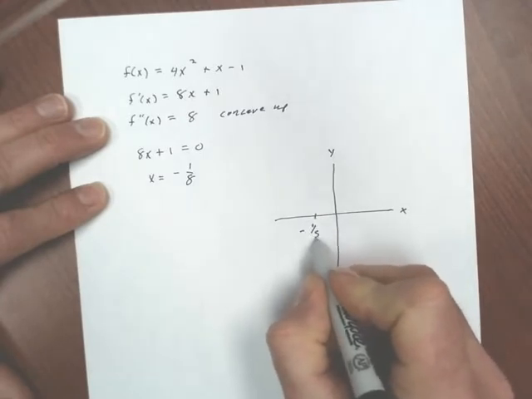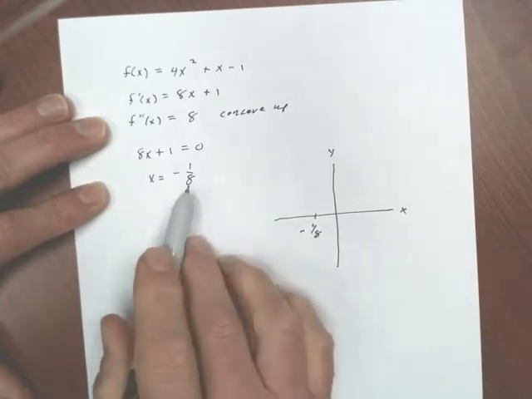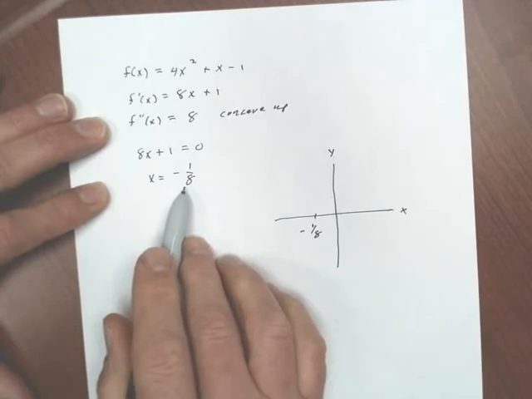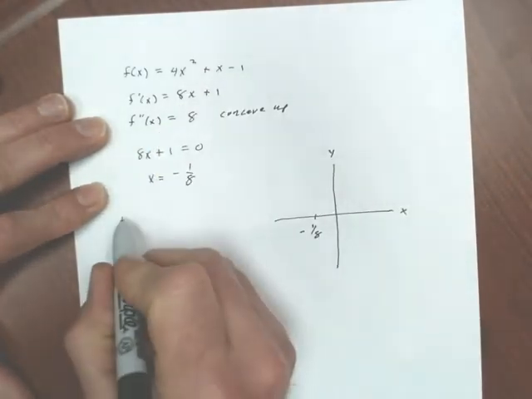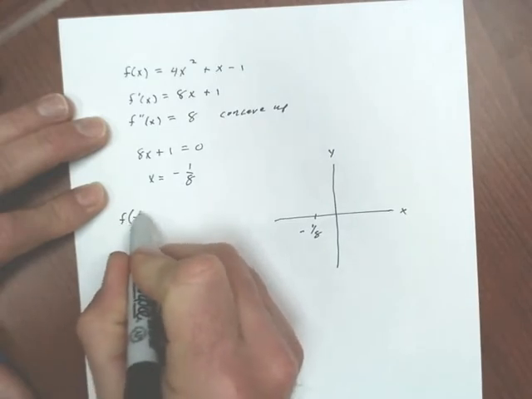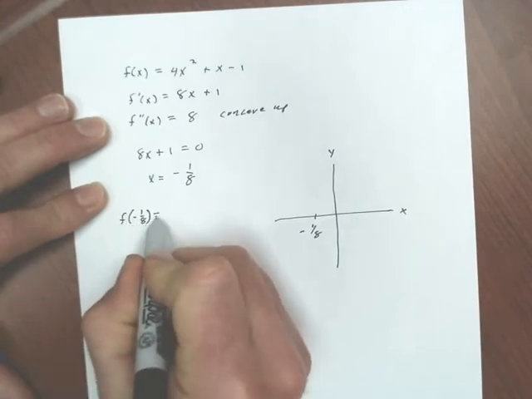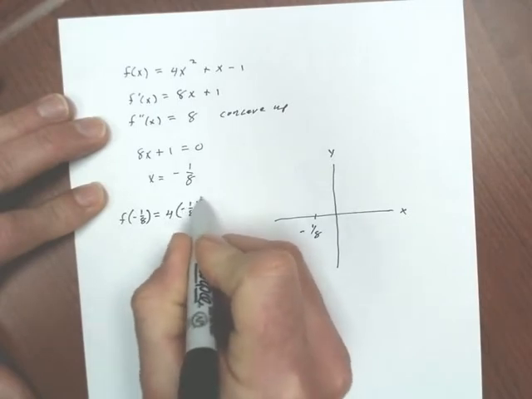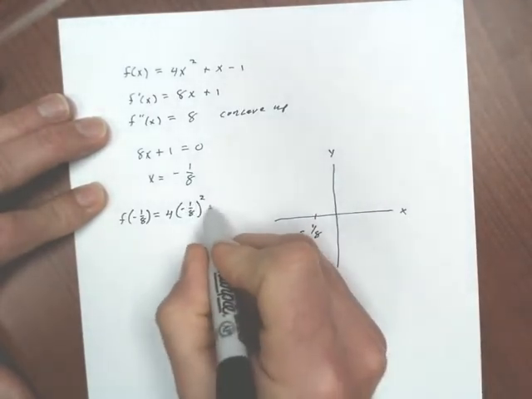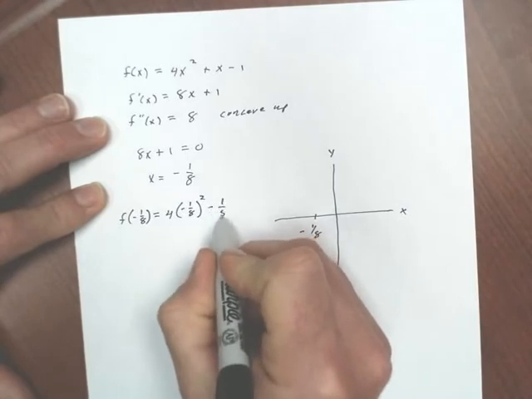Okay. Now to find the y coordinate of our minimum, we're going to plug this negative 1/8 back into the original function. So f of negative 1/8 equals 4 times negative 1/8 squared minus 1/8 minus 1.